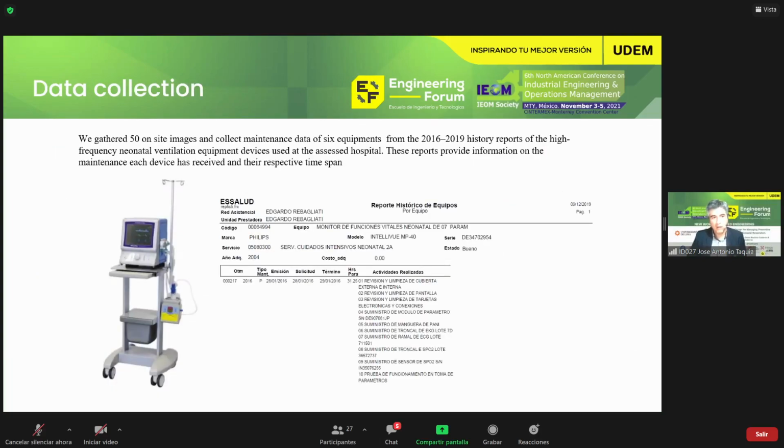Regarding the collection of the data, we managed the maintenance information of 6 of these equipments, ranging from 2016 to 2019. These high frequency ventilation equipments have physical paper records, so we had to put them in order, and after that we made a visit to the installations.